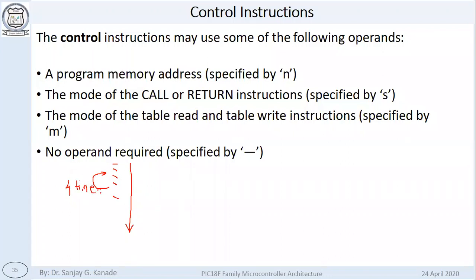What it means is that, instead of going to the next instruction, we have to go back to the second instruction, for example. So we are transferring the program execution control. These kinds of things happen in the control instructions.